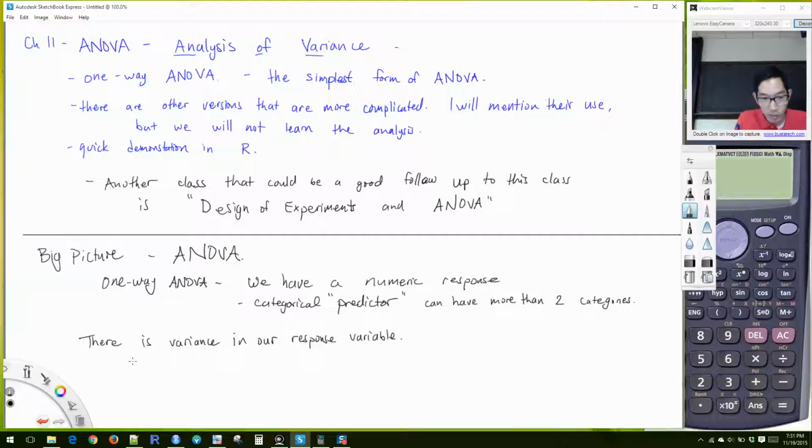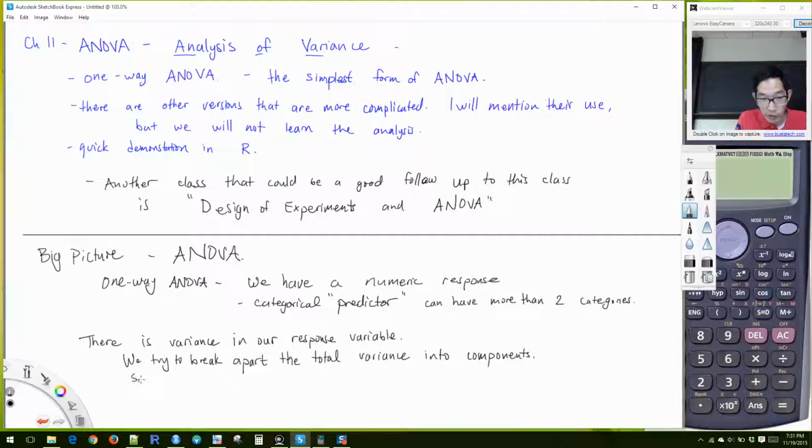So we try to, quote, break apart the total variance into components.